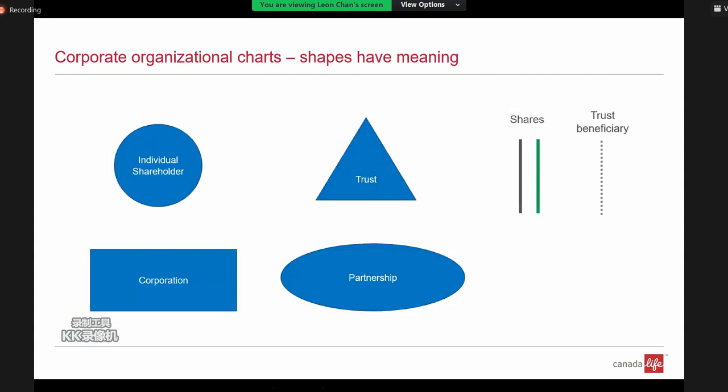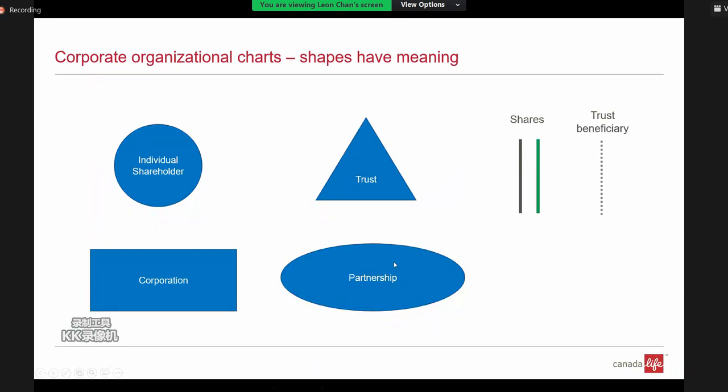There's a lot of shapes that are used when it comes to this, and it's usually good to understand what they mean, so that if you ever see one, you have an understanding of what sort of entity they're portraying, right? In most org charts, an individual shareholder is a circle, a trust is a triangle, and a corporation is a rectangular box.